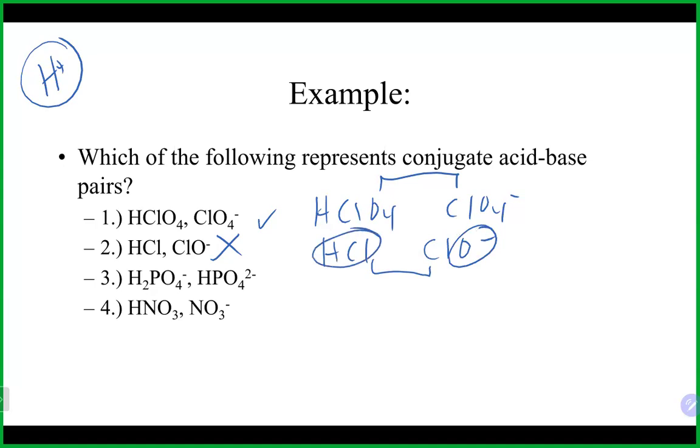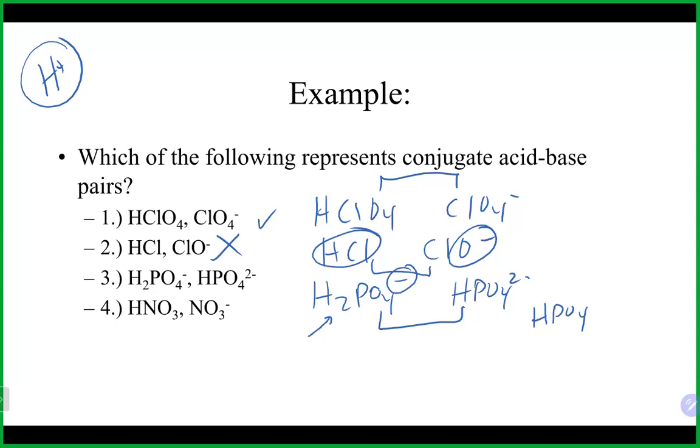In this particular case, we take a look here at H2PO4 minus and HPO4 2 minus. The difference here is just one H plus. And again, this is what I was also talking about in terms of the charge. For example, if we take the H plus off of this guy, we end up with HPO4. It was already -1.